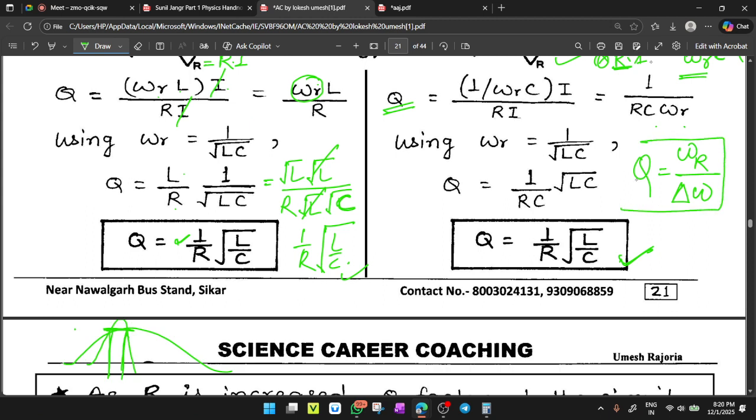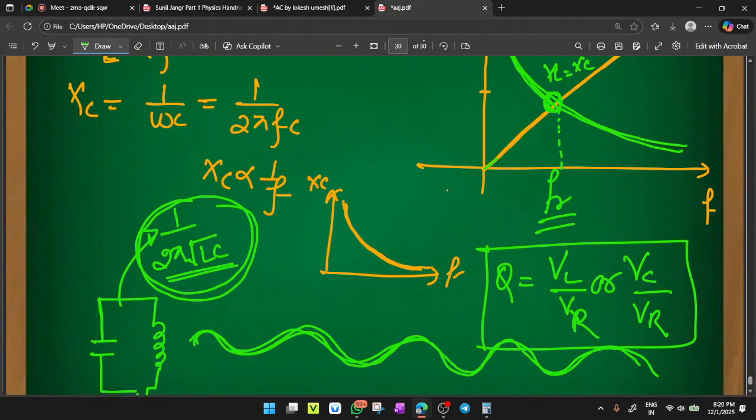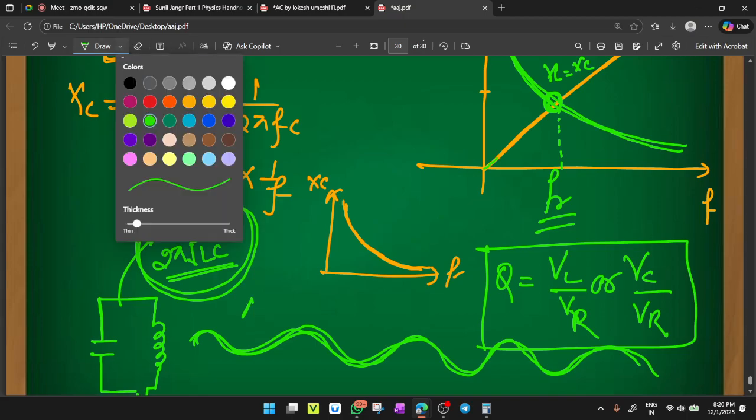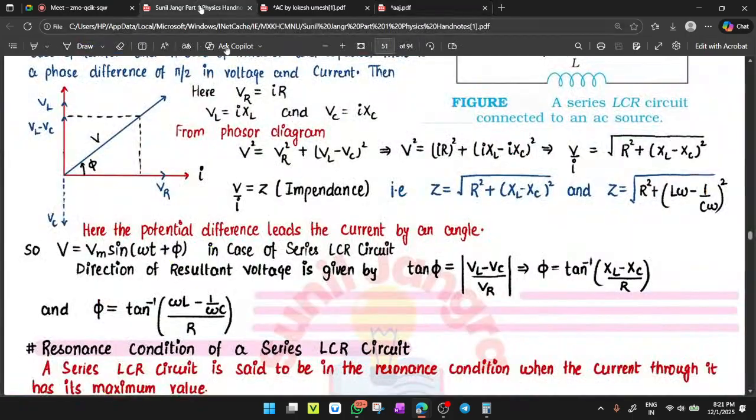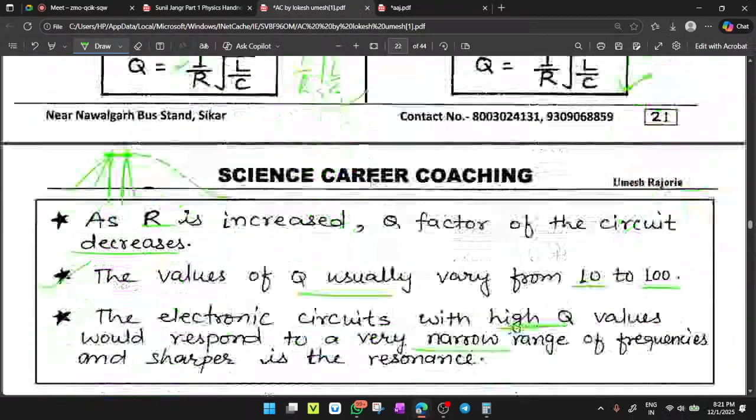Okay, write this also. Q equals omega R divided by delta omega. So the lesser the bandwidth, the higher the quality factor.